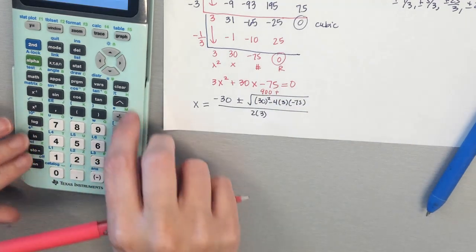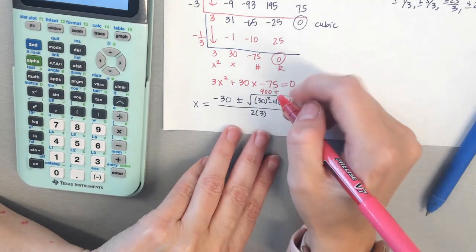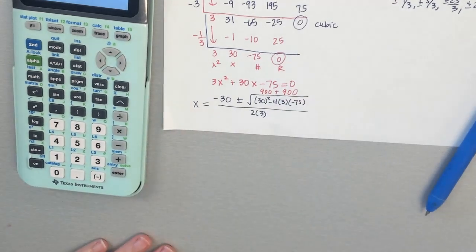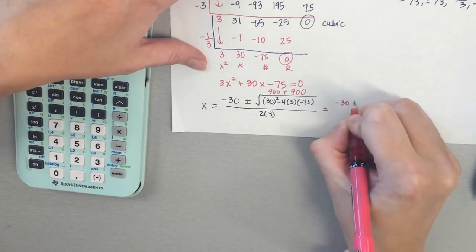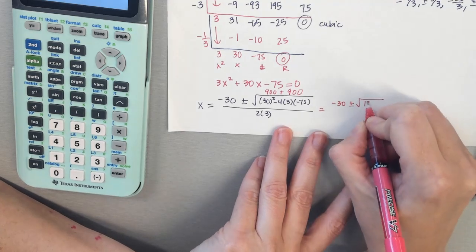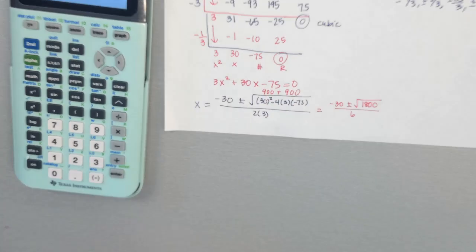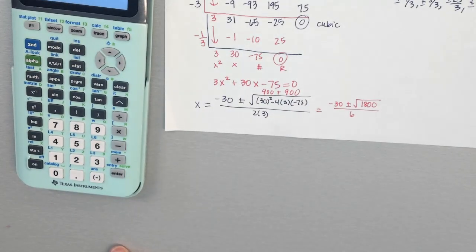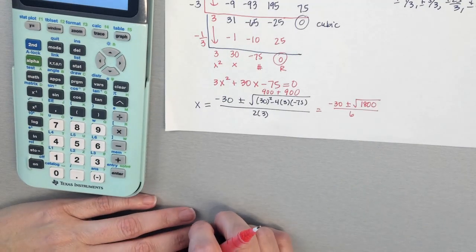Okay, 4 times 3 times 75 is going to get you 900. So you're going to have negative 30 plus or minus the square root of 1800 over 6. And then you're going to have to simplify this. Do you guys know that the square root of 900 is a perfect square?